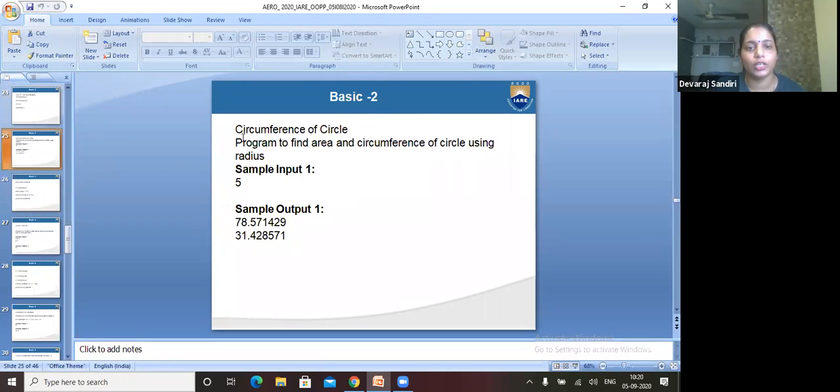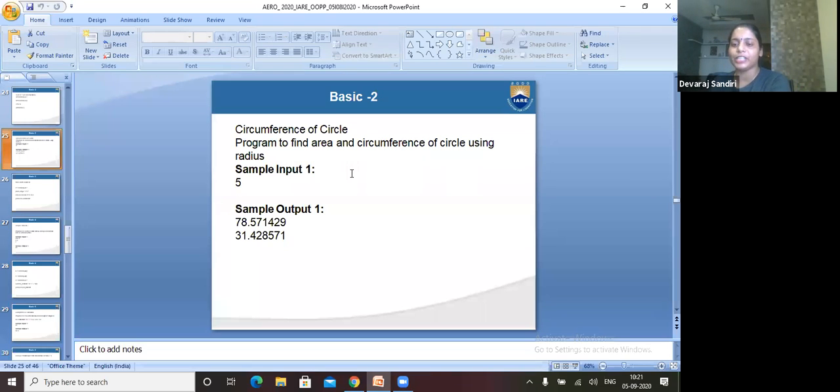This is the question: what is the circumference of our circle? What is the meaning of area and circumference of the circle? Not meaning, the formula. Can anyone tell me the formula of area and circumference of a circle?